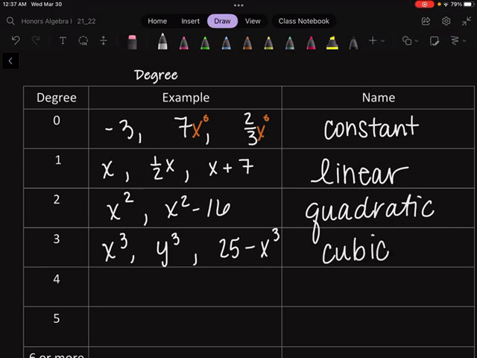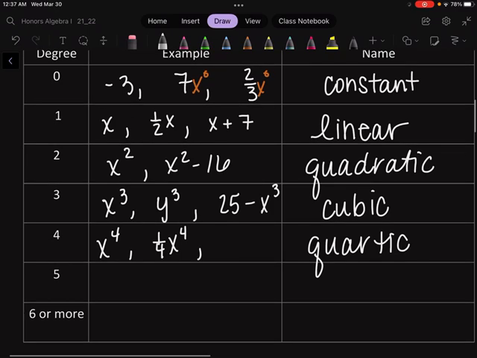To the fourth power, that would be quartic. And then to the fifth power, I'm just trying to come up with some fancy ones. That would be quintic.